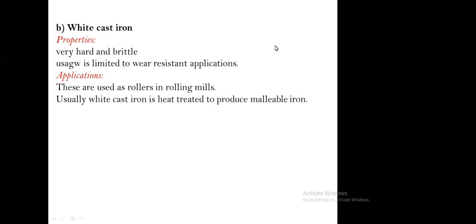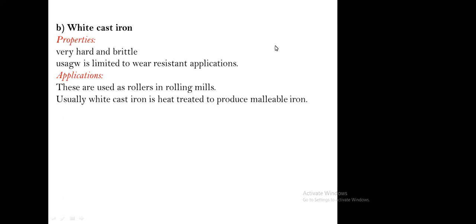Because of the presence of this cementite, the fractured surface appears white in color, and hence the name white cast iron.